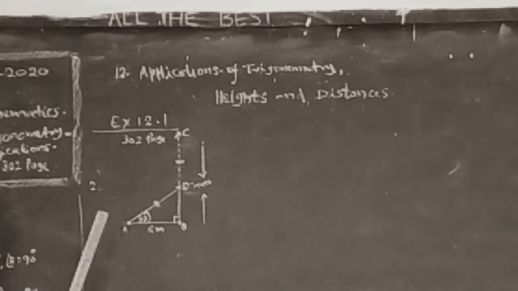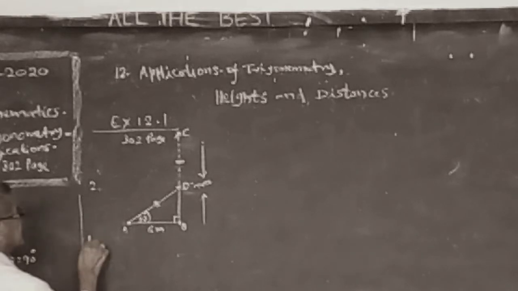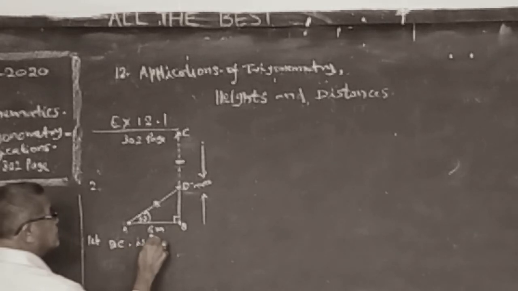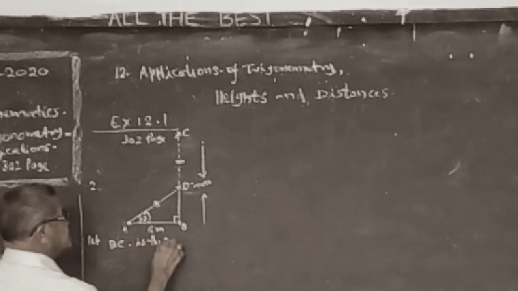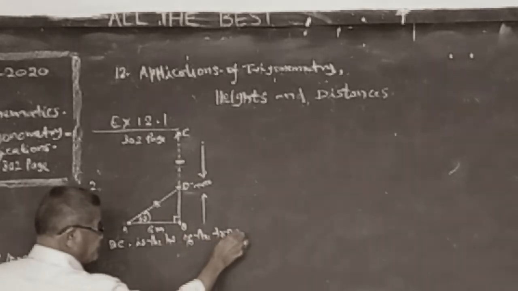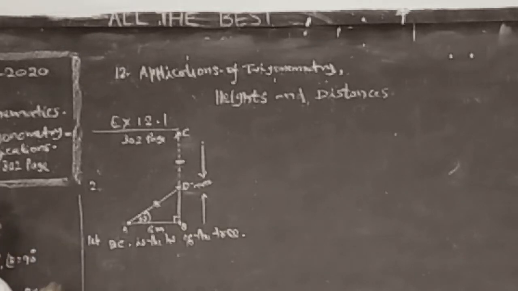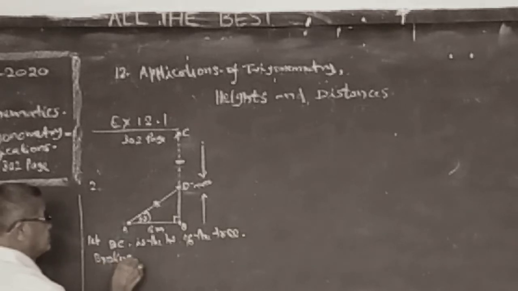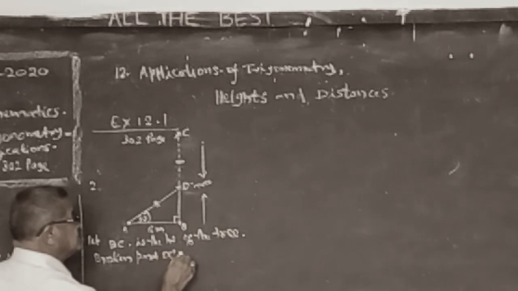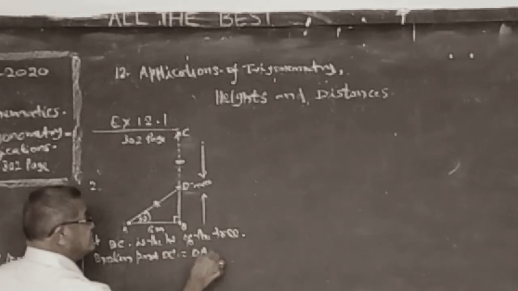We have to find the height of the tree. Let BC be the height of the tree, and the broken part DC is equal to DA.